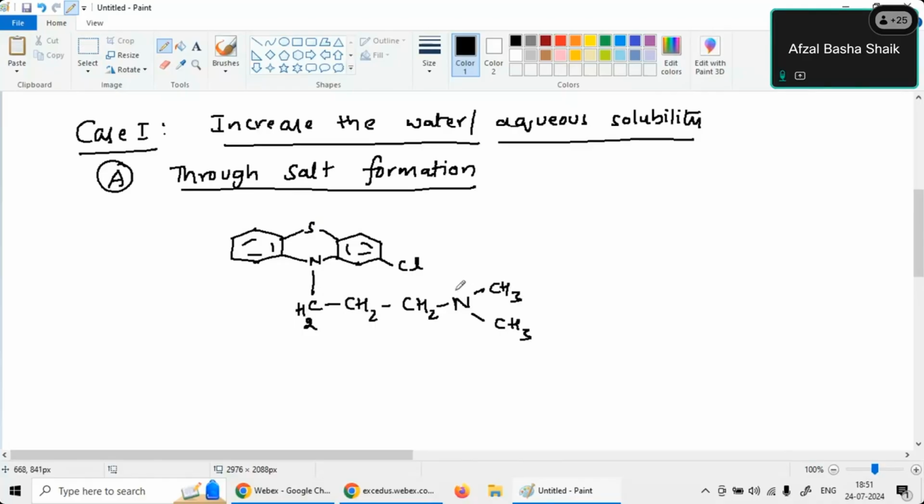What is the name of this drug molecule? Whether it has chlorine or not. It is chlorine. How many carbon atoms are there? 1, 2, 3.